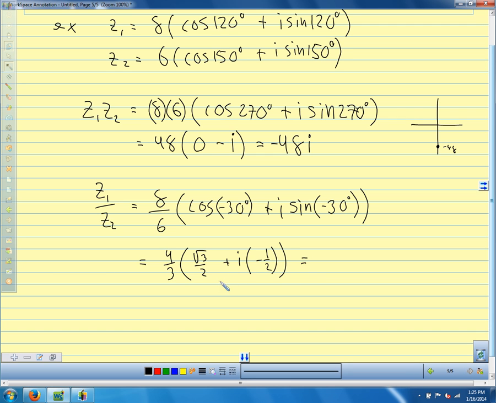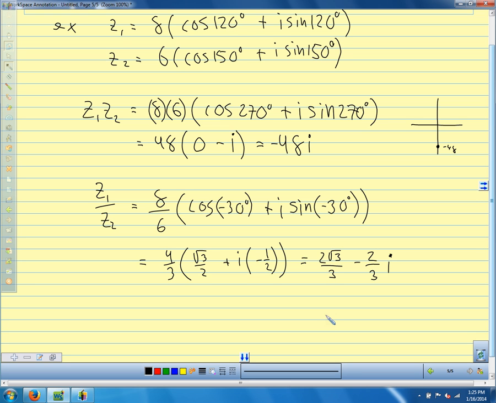And we could write this out, so we get 2 square root 3 over 3 minus 2/3 i, and that would be our complex number in a plus bi form. This would be our trig form. This would be a plus bi form. So multiplying numbers when we have our complex numbers in trig form, very, very easy.